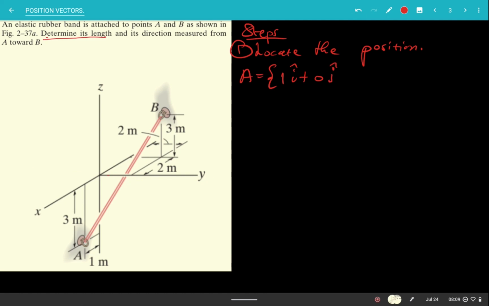Then we have to move on and look for the position of A in the Z-axis. In the Z-axis, as you can see, we have the distance from this point taking you all the way to A, which is 3 meters downwards from the position of Z. So we're having 3 meters here.